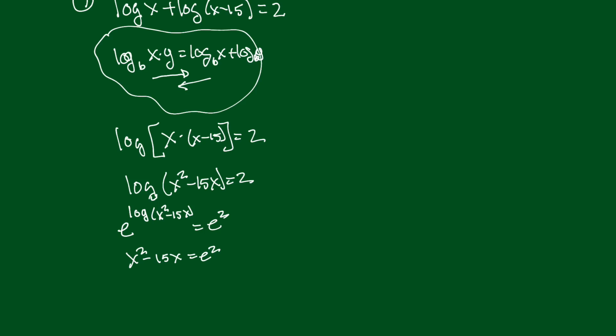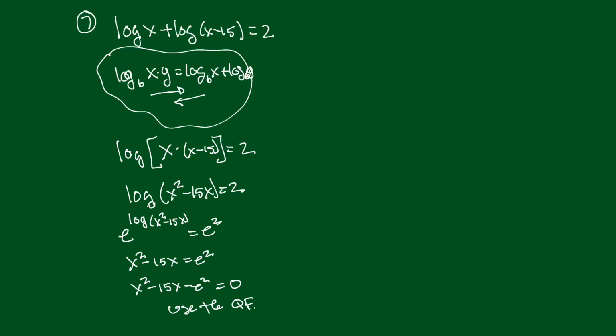Now, x squared minus 15x minus e squared equals 0, and I'm going to use the quadratic formula. The quadratic formula takes a quadratic equation that looks like this: ax squared plus bx plus c equals 0. And all I need to know is a, b, and c. Now a is the coefficient of the quadratic term.